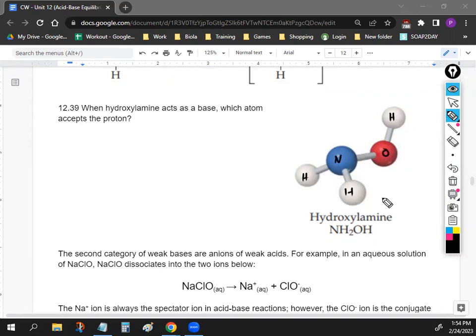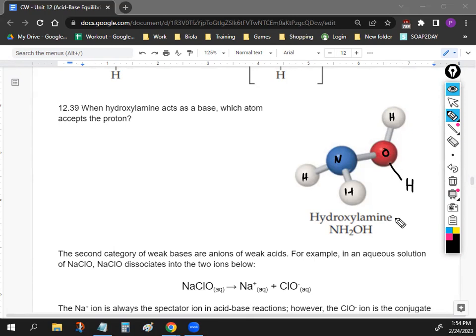So let's think about this. If O accepts the H, if the H sticks right here, what does O have to do with the H to accept it? It has to have a lone pair, and it has to share the lone pair.